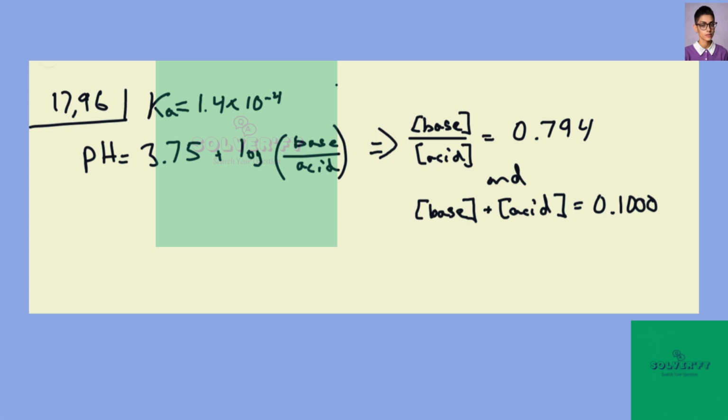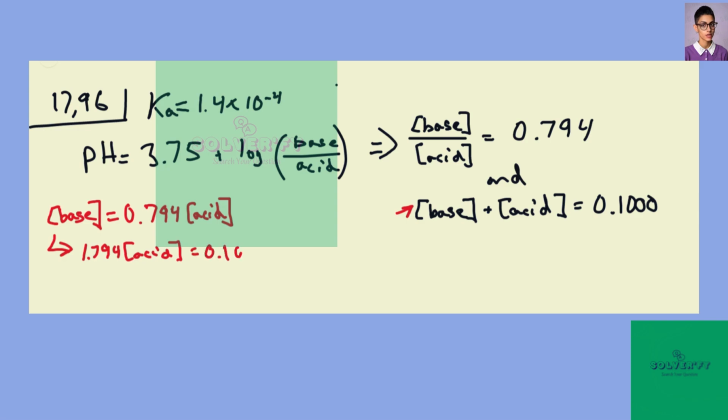So from our first equation, we can say that the base is equal to 0.794 times the acid, which means that if we combine this reaction, 0.794 acid plus acid would be 1.794 acid equal to 0.1000 molar.